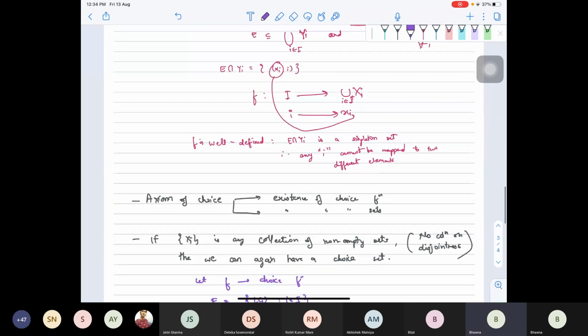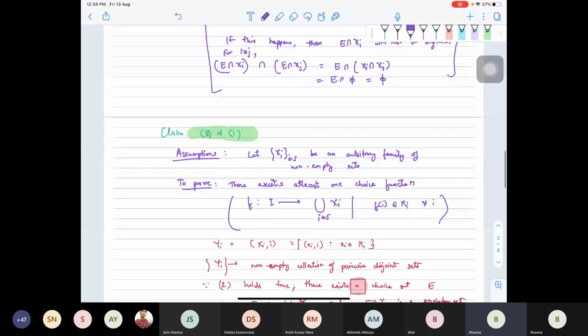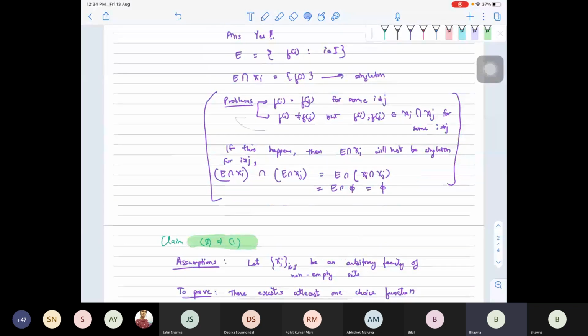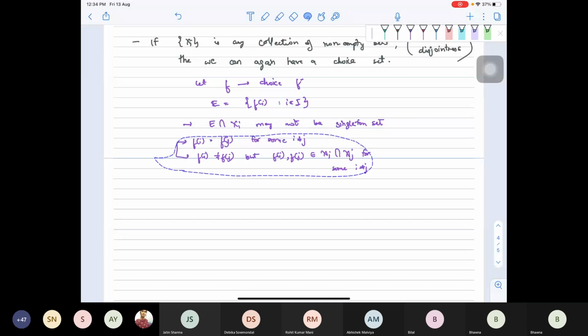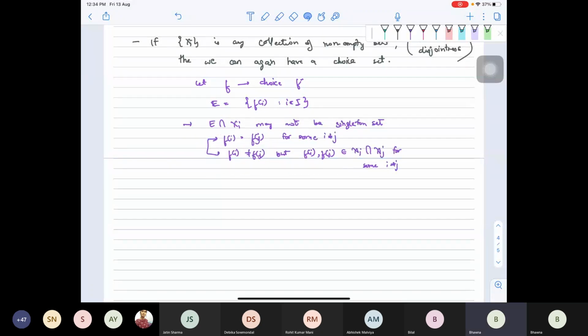Why? Suppose we had earlier two conditions, problem 1 and problem 2. If I just copy these statements, in both of these cases, E intersection Xi is not just equal to the singleton Fi. Please just try to see that.